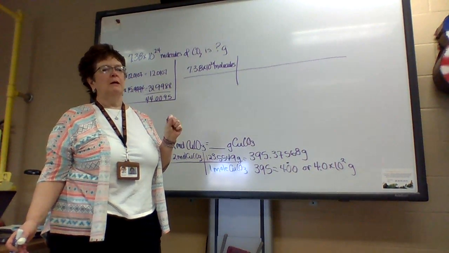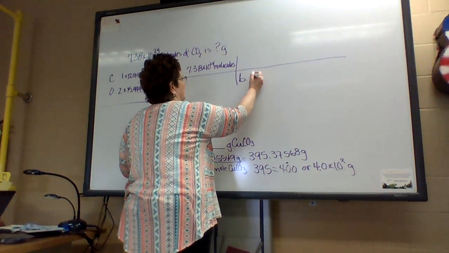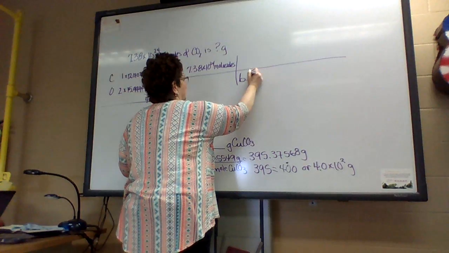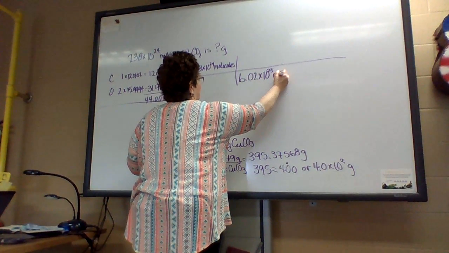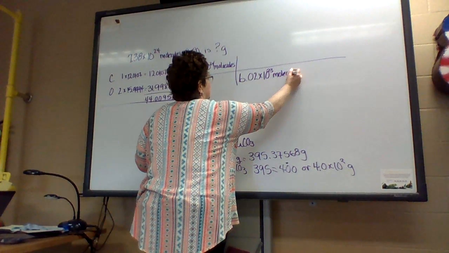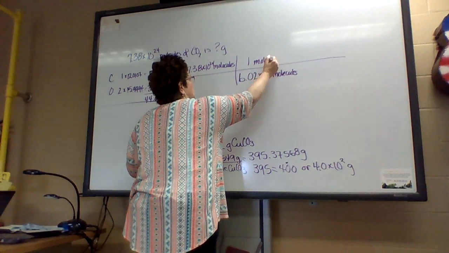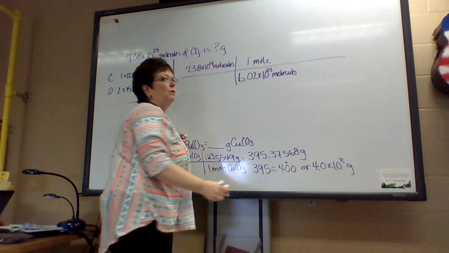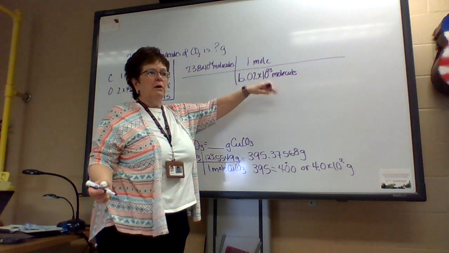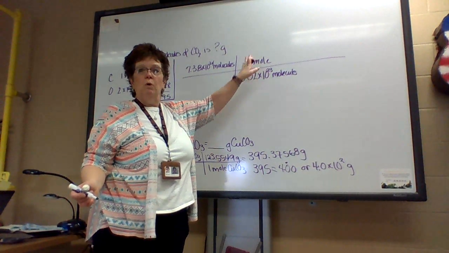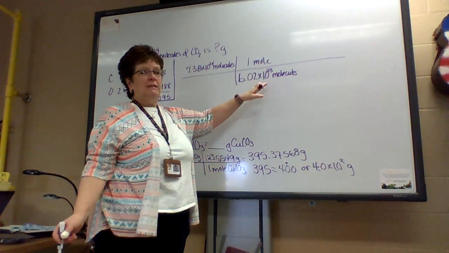What's Avogadro's number? 6.02 times 10 to the 23rd molecules is 1 mole. Now this should be in your notes somewhere about this conversion factor. Molecules, particles, atoms, whatever it is, 1 mole, correct? So now I have molecules here, and molecules there.